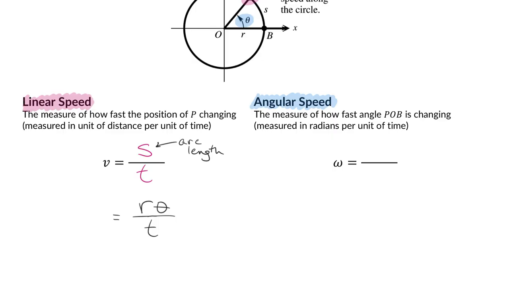On the other hand, angular speed, which, by the way, this is not a W. Please do not call it W. That is the Greek letter omega. Everybody say omega. Do you see the difference between them? Let me do it again. Do you see the difference in how I'm writing the letters? It's more curvy. It's kind of like you have a T in print and then the T I've been using in math all year.